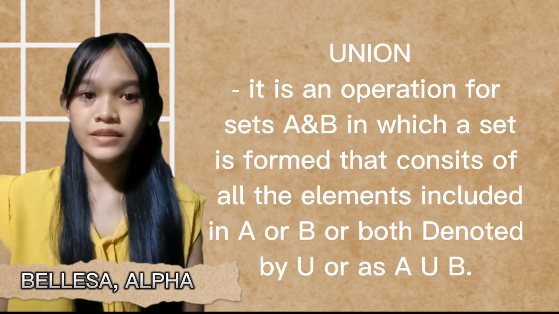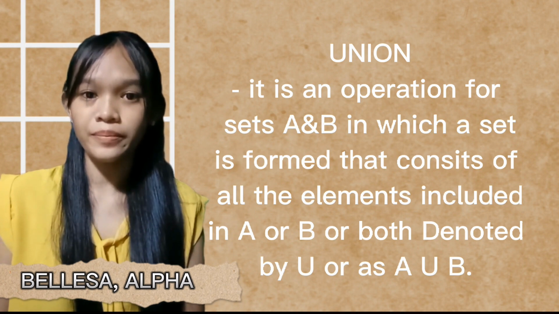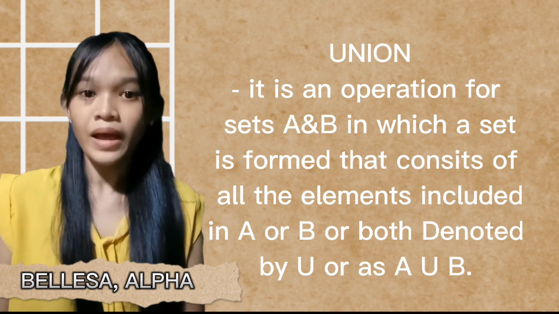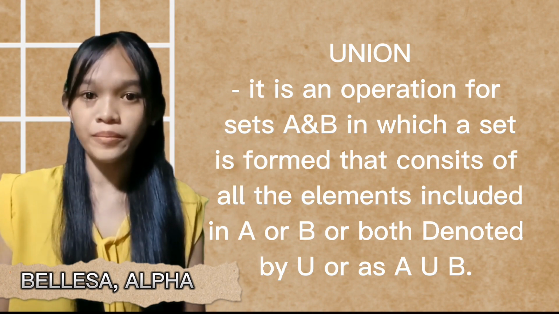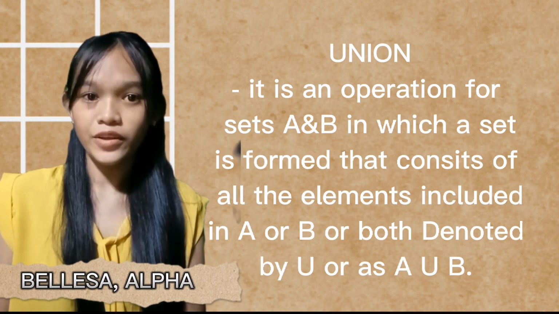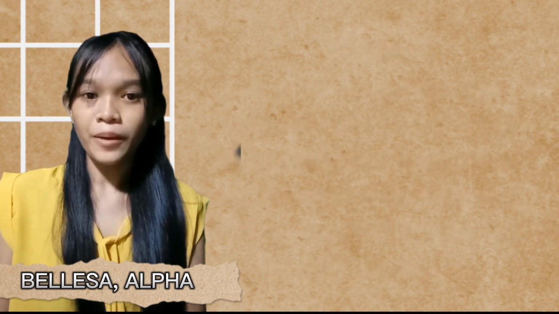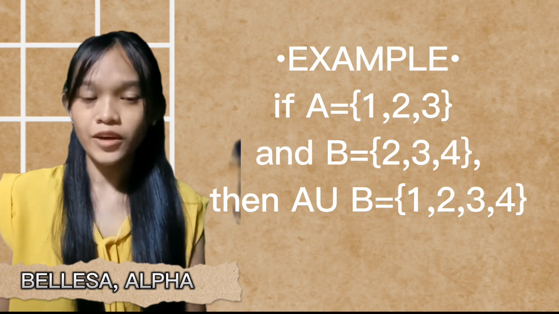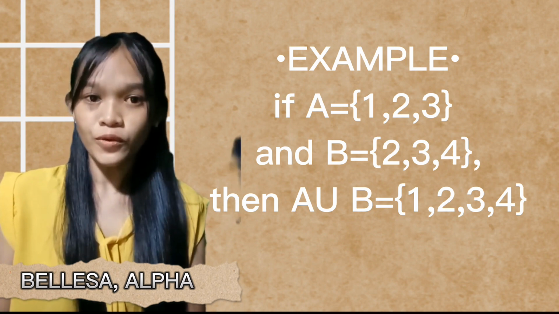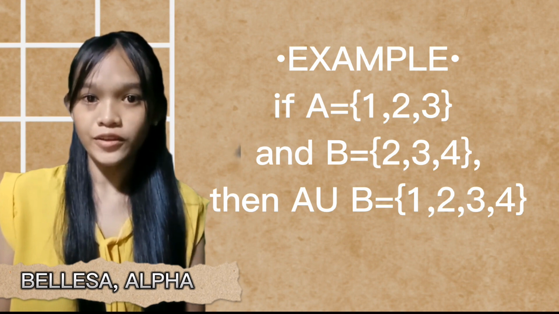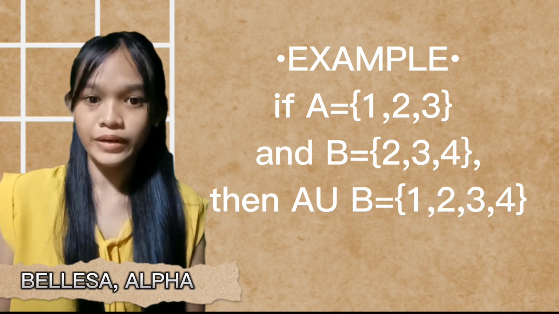First is union. It is an operation for sets A and B in which a set is formed that consists of all the elements included in A or B or both, denoted by U, or as A union B. For example, if set A equals {1, 2, 3} and set B equals {2, 3, 4}, then A union B equals {1, 2, 3, 4}.